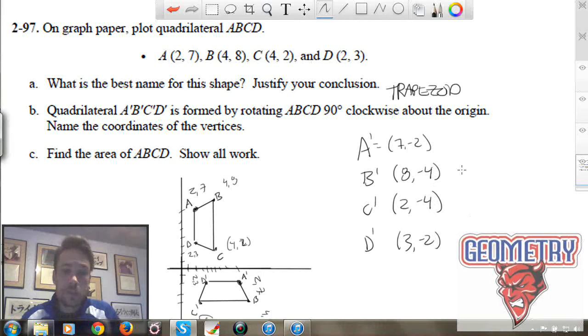Now there are little tips and tricks for those coordinates for a lot of different things when you're reflecting over the x-axis, reflecting over the y-axis, rotating 90 degrees, rotating 180 degrees, reflecting over a diagonal line. There are all these little tricks as far as what happens to the coordinates of a point.